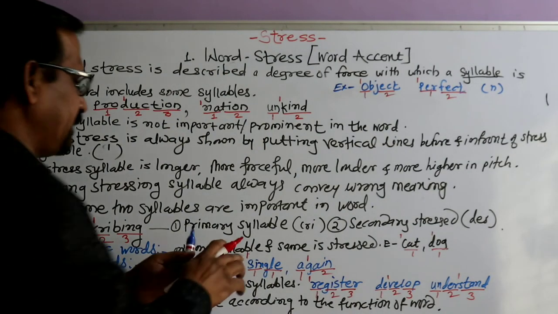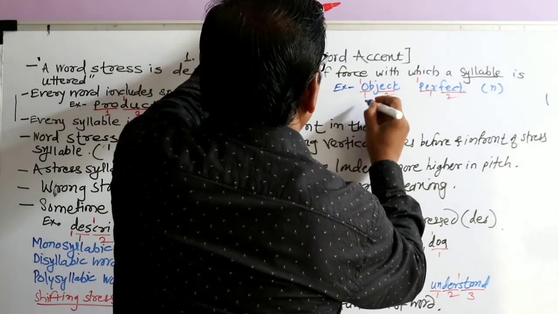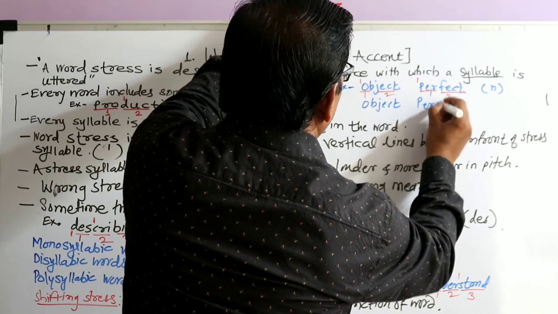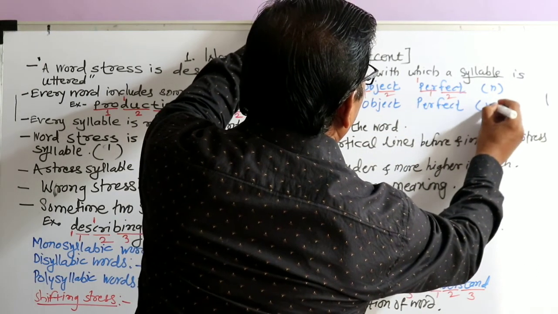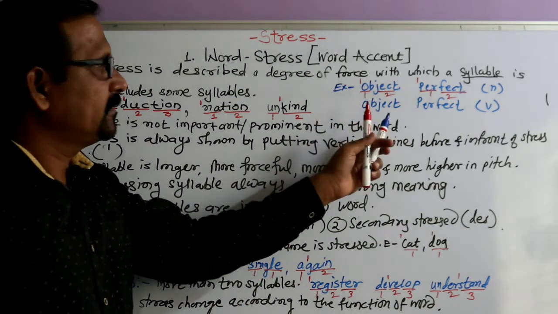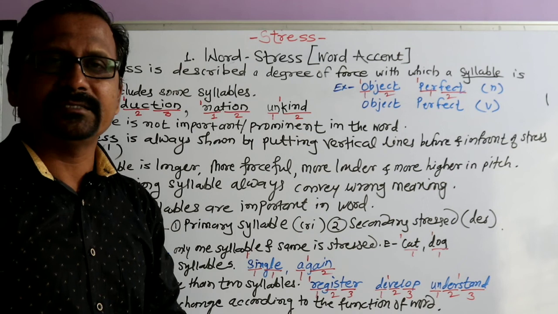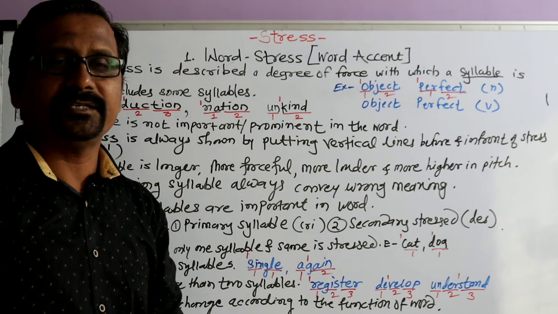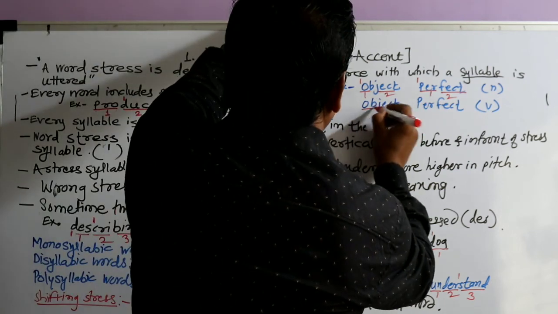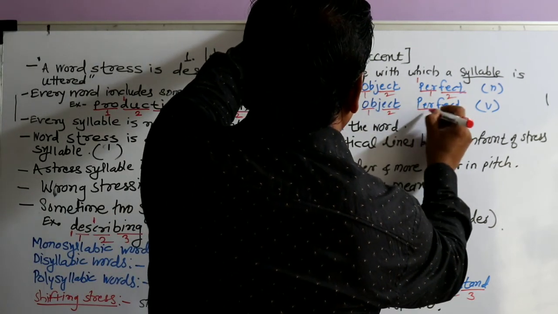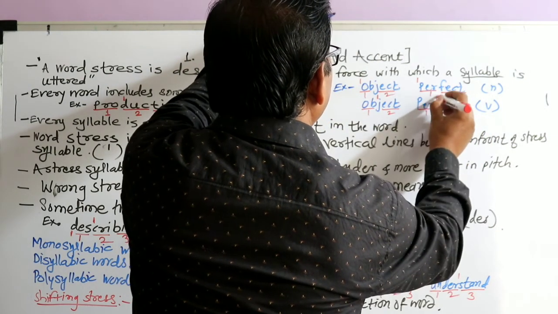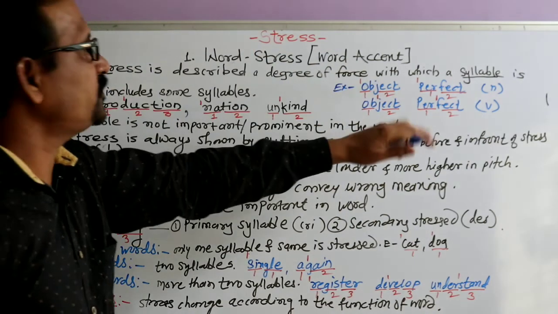Again we take the same example, the words object and perfect. But here they are playing their role as a verb. When both words are playing their role as a verb, the stress changes from the first syllable to the second syllable. So it is also object 1, 2, perfect 1, 2, but here the second syllable is stressed. And so their pronunciations are different.